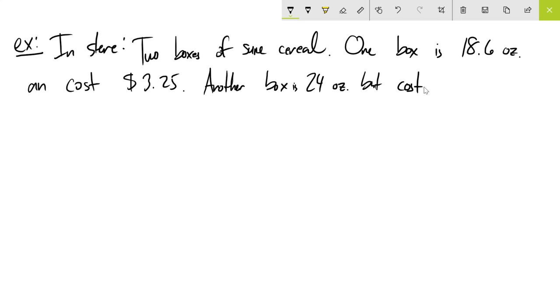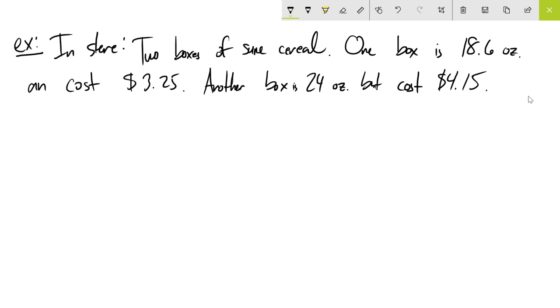I'm making this up, by the way, so hopefully this doesn't go all cattywampus. Let's say $4.15 or something. I don't know if this is going to work out nicely or not, but whatever.